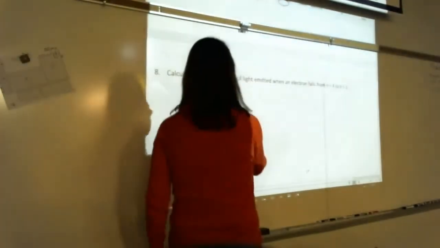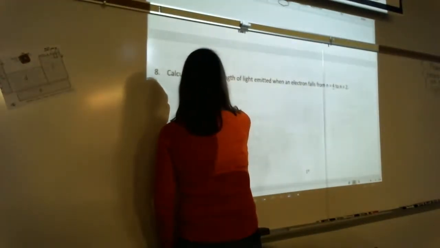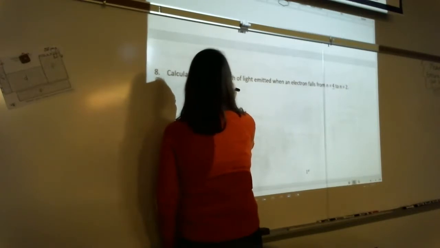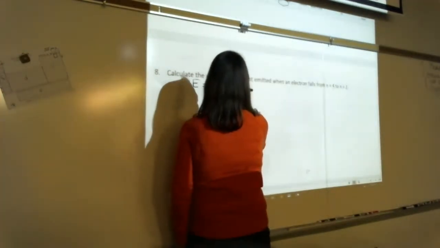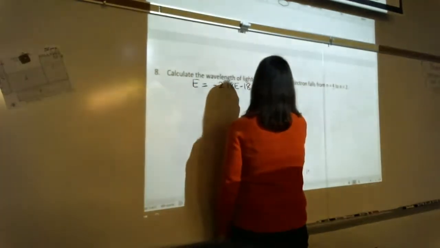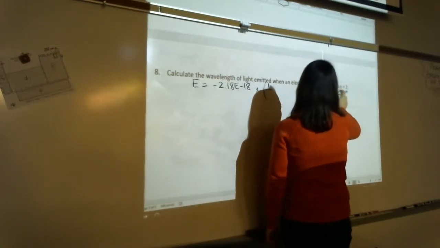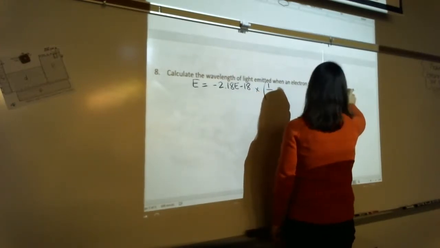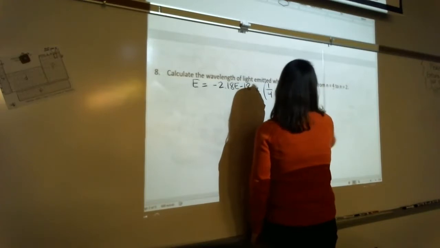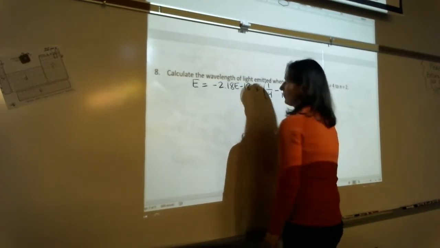So we have to calculate energy first, right? So energy is negative 2.18 times 10 to the negative 18th times 1 over final. Which one's the final? 2. So 2 squared is 4. And initial, 1/16.